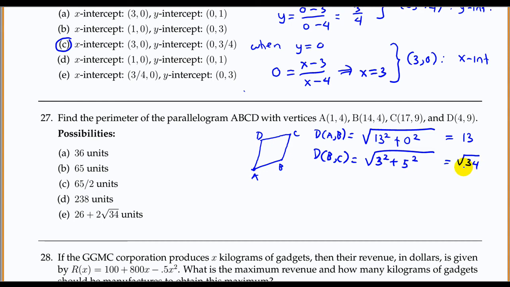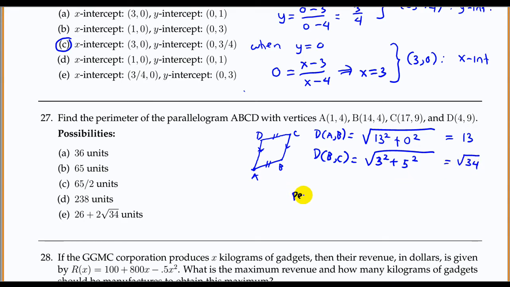And in fact that's enough. Why? Because by the property of a parallelogram, this line has the same length as that line, and this line has the same length as that line. So the perimeter will be twice this plus twice that.